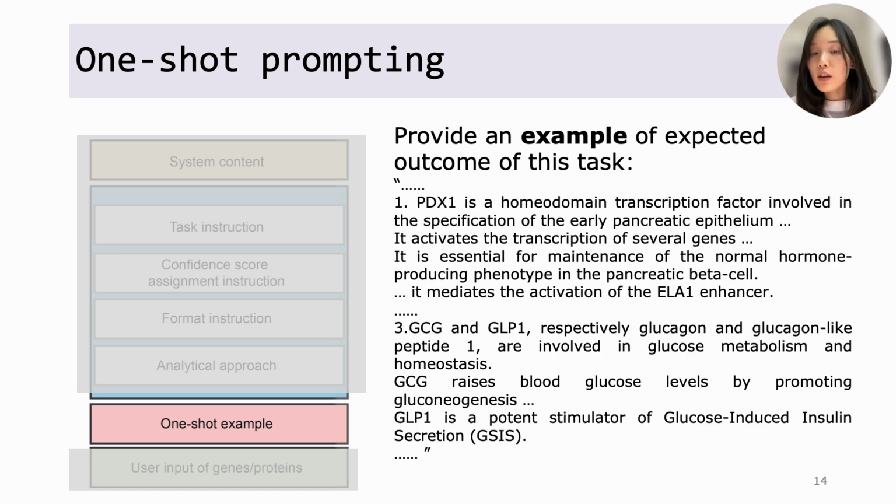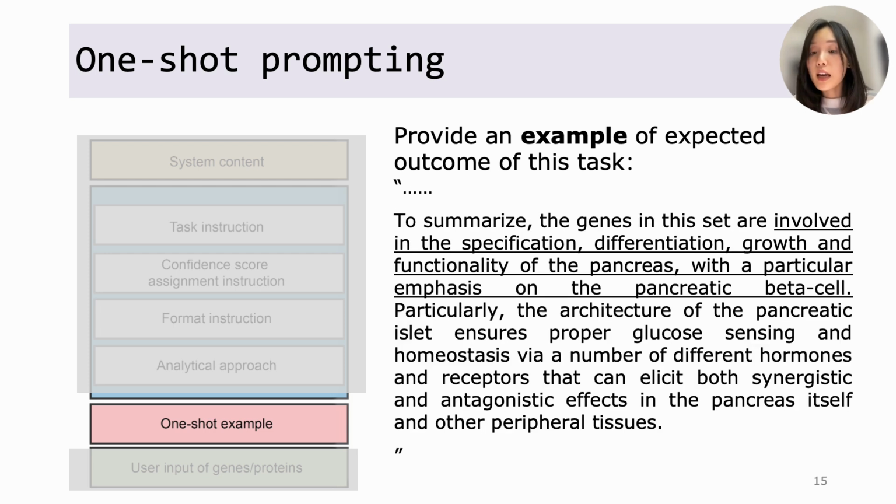And we reason through the genes in this list, for example PDX1, and if there are genes that work very closely with common functions, we group them together to summarize their function, and at the end summarize overall what the prominent biological processes involved in this gene set are, reasoning through how it came up with the name and the confidence score.